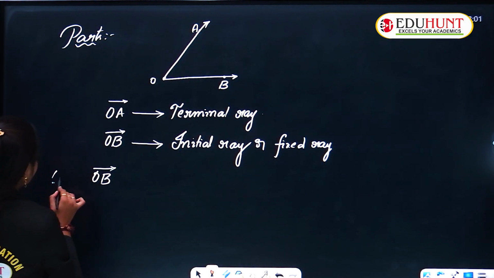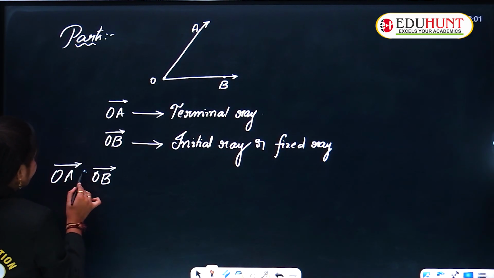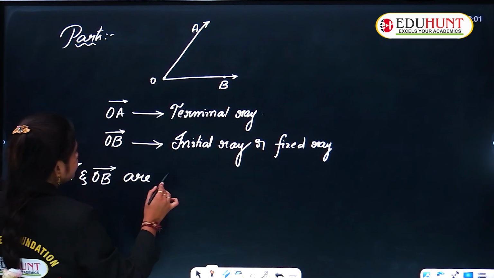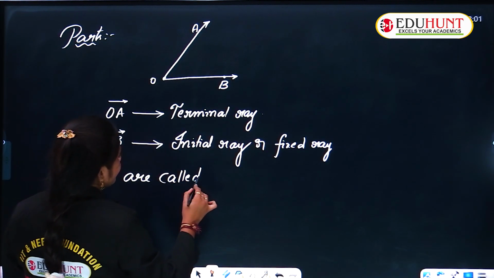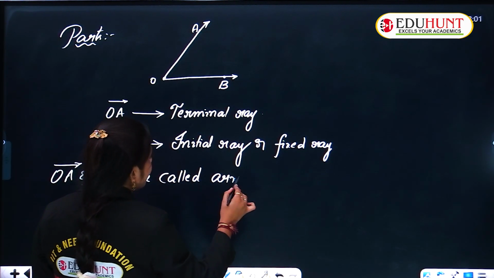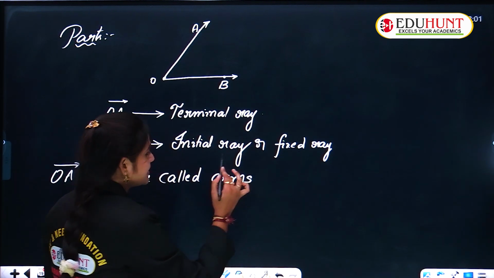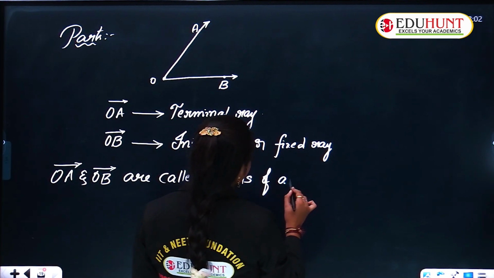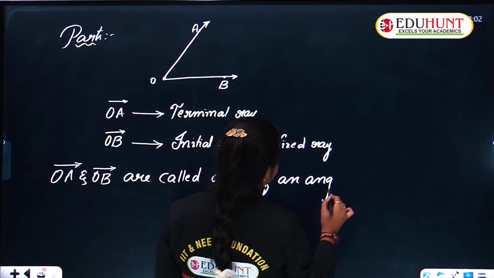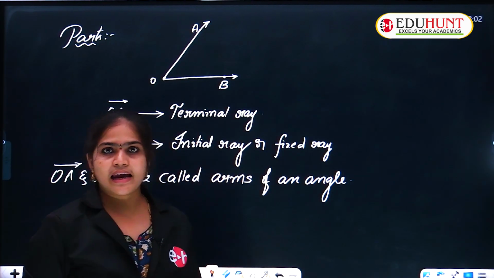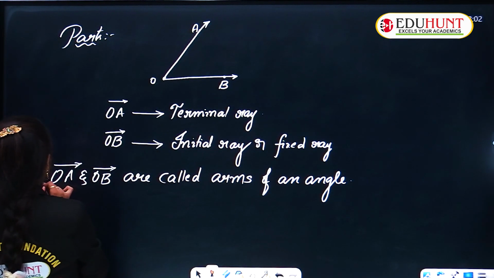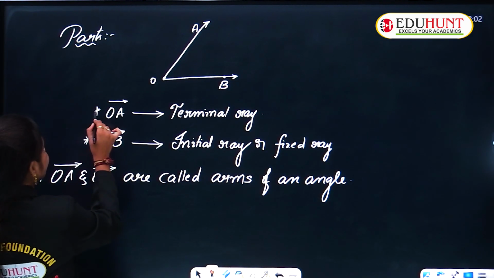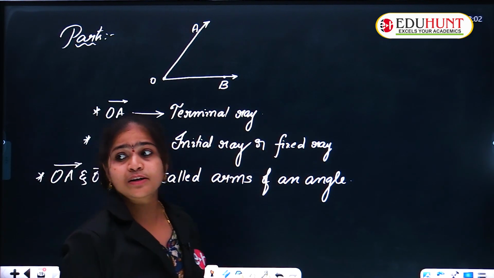OA and OB are called arms of an angle. Arms is nothing but hands of the angle. In the same way, another part is the common point. What is that common point here?